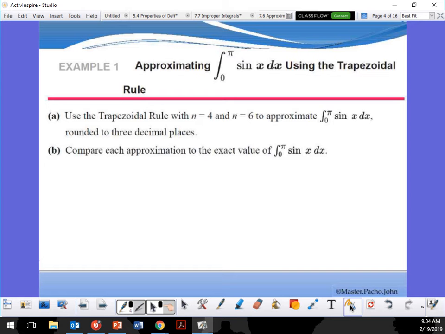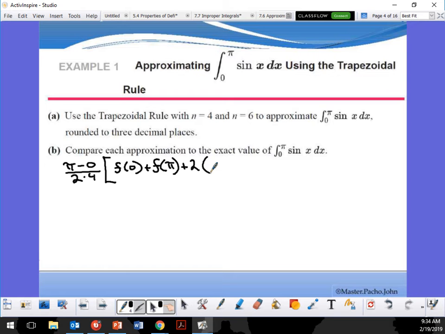So it's going to be b minus a, which should be pi minus 0, over 2 times 4, right? So f of A, which is 0, plus f of pi, plus 2 times.